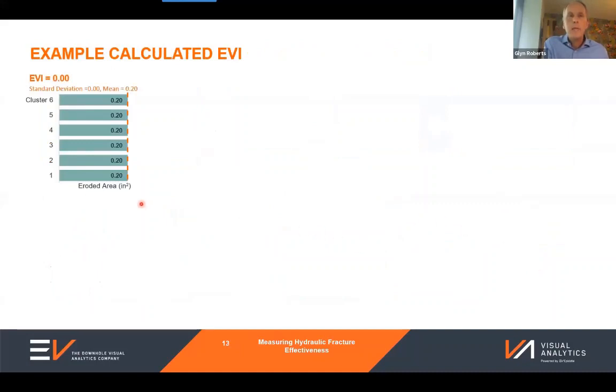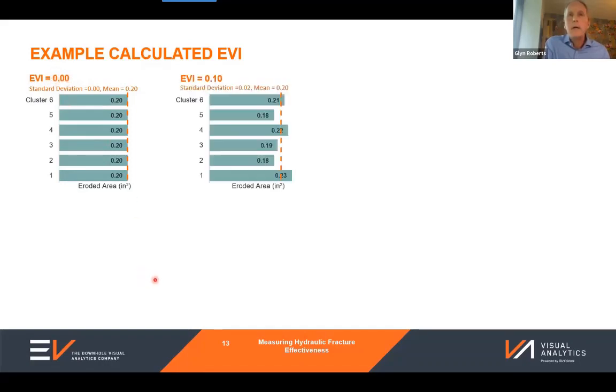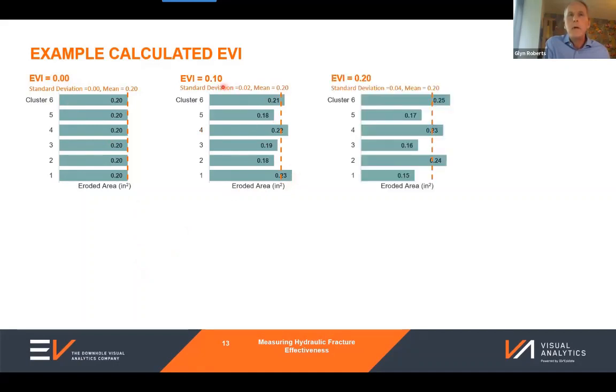So here's what we're really aiming for: no variation in the amount of proppant per cluster. That infers equal fracture geometry, and that would give us an EVI value of 0. So EVI of 0 is our target, and if we start introducing some variability in there, we start seeing our EVI number increase.